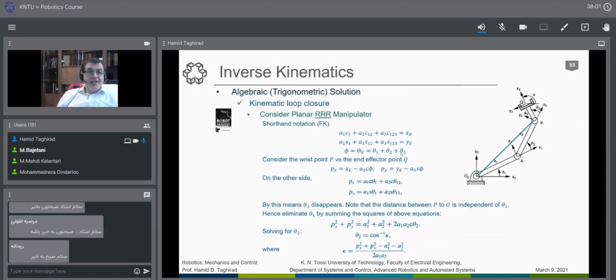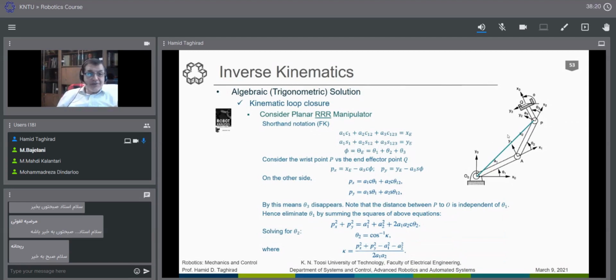The problem is the inverse. Suppose that we have this x_e, y_e, and theta_e, or phi, and we would like to find theta_1, theta_2, and theta_3. This is the problem.